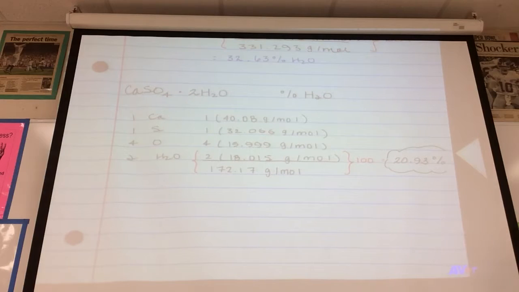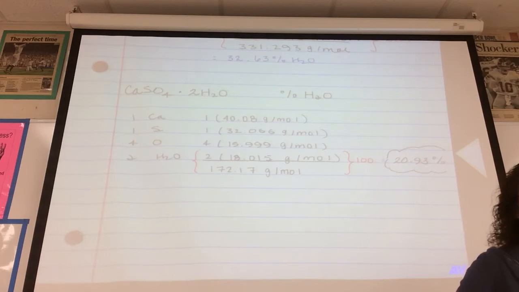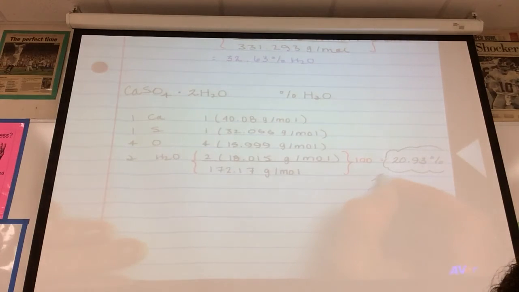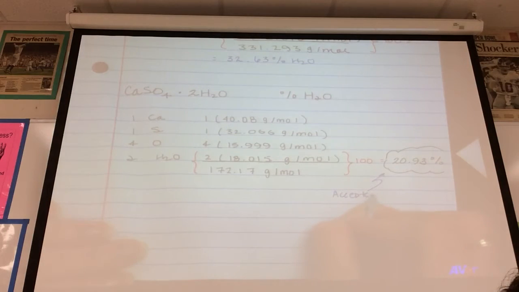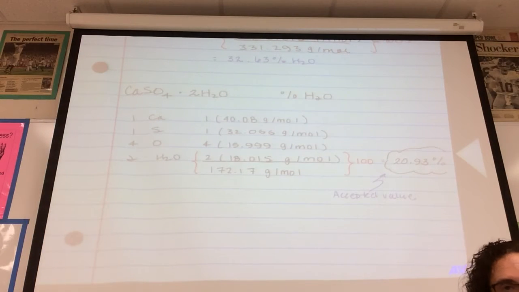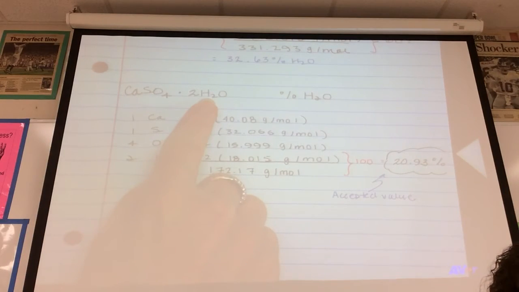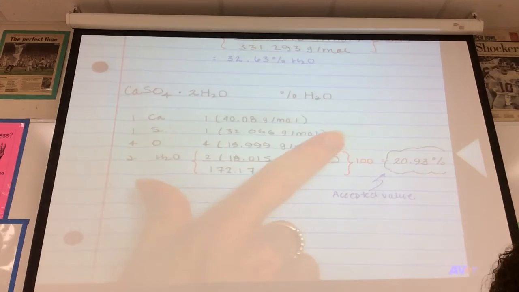How'd we do? All right, so you can get the percent of water from the chemical formula. Now, one thing I want to make clear to you for the lab is this would be the accepted value. This would be the value in the literature. You are going to be getting experimental values in the lab because you are going to take a sample, you're going to heat it, and you're going to drive the water off.